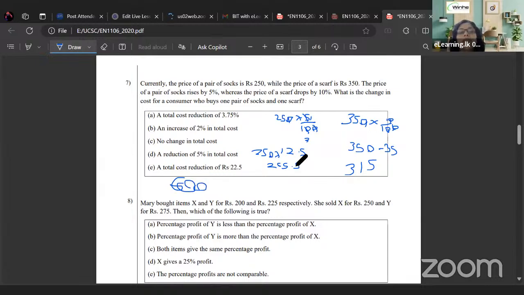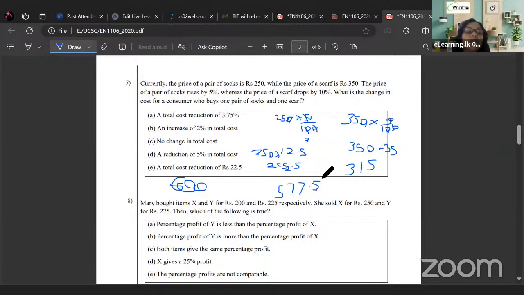Now with the reduction, what's the value? 577.5 is the new price.